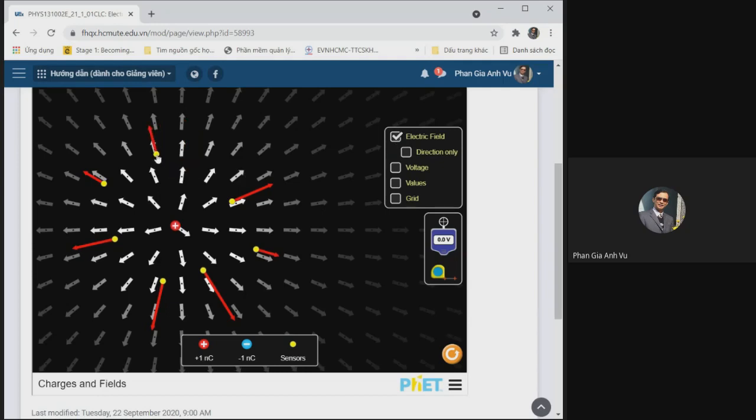Let's test another point here, and another point here. So when we use the computer simulation, we can easily see the electric field. Normally we cannot see that. We can sense it by using the test charge, but we cannot see the field.